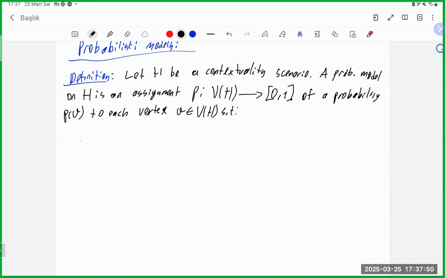So there's a restriction: the sum of all probability assignments in an edge must be equal to 1.